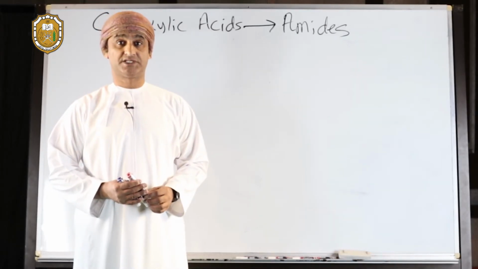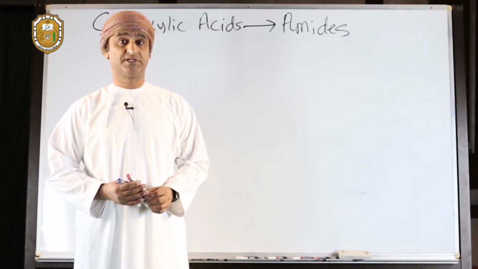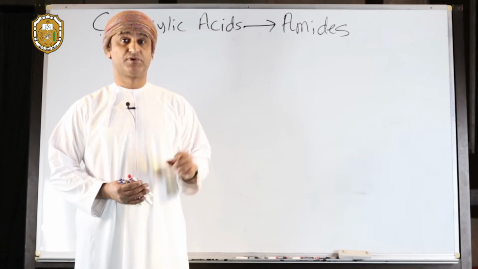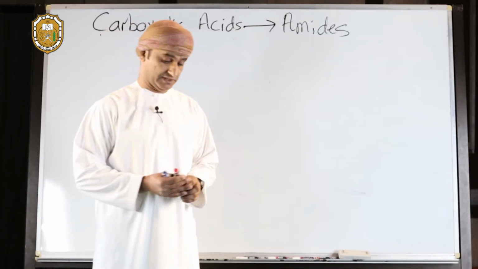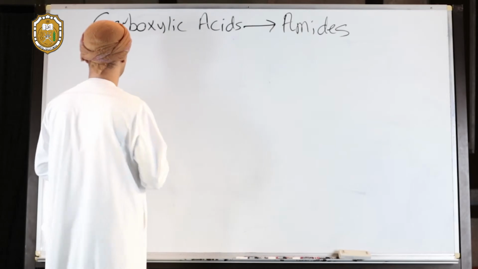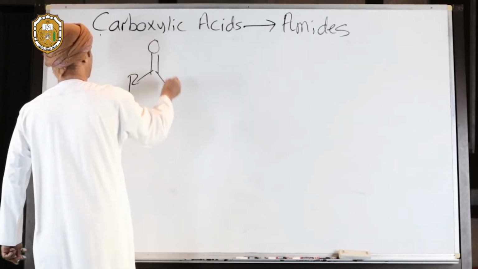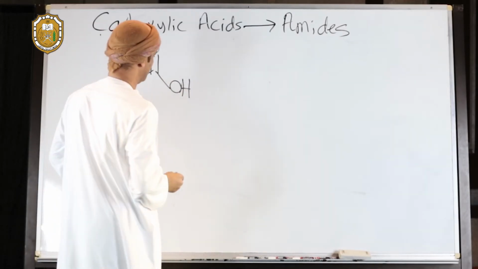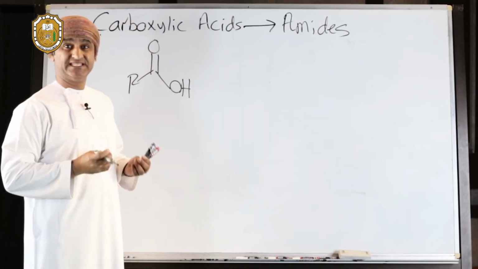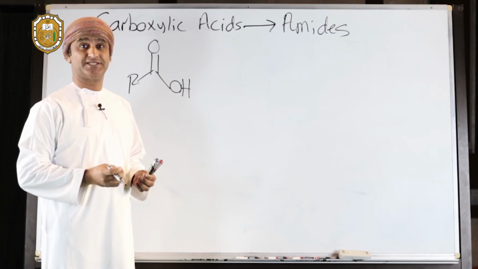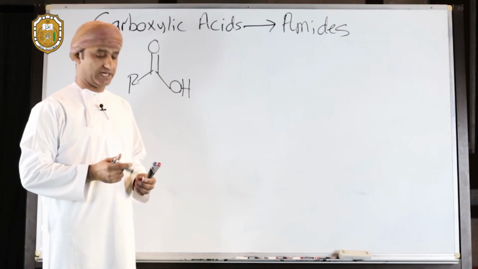Let's now think of a possible mechanism for the conversion of carboxylic acids into amides by employing DCC and an amine. So let's draw the structure of carboxylic acids again. This is the structure of carboxylic acids. DCC stands for dicyclohexyl carbodiimide.